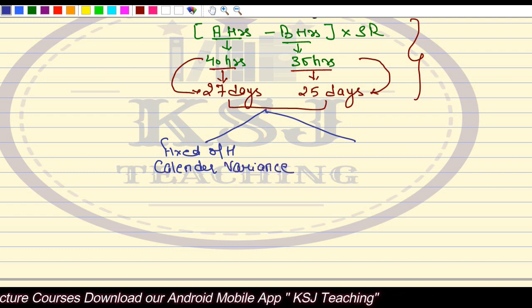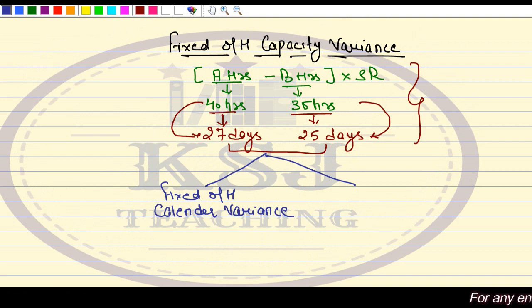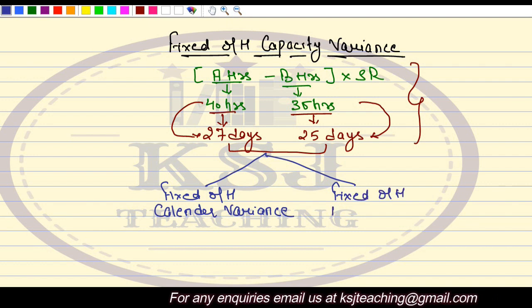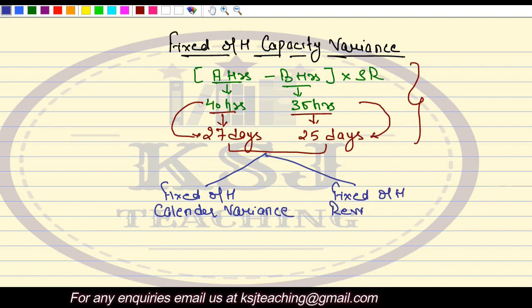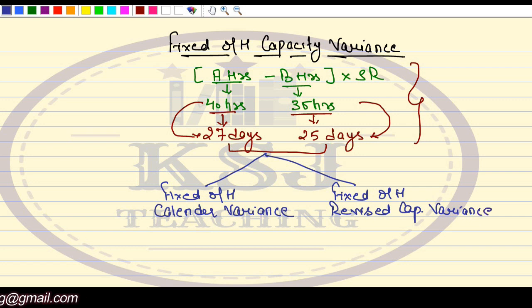And this is the capacity that we judged, but it was misjudged due to the difference in the number of days. So we will have to revise our capacity. For that, we will calculate fixed overheads revised capacity variance. So these are the two variances that we are going to study.